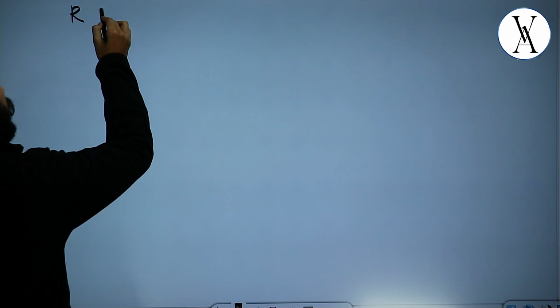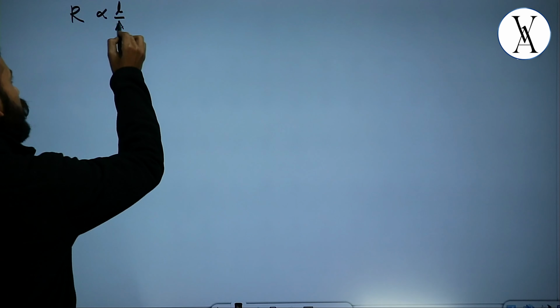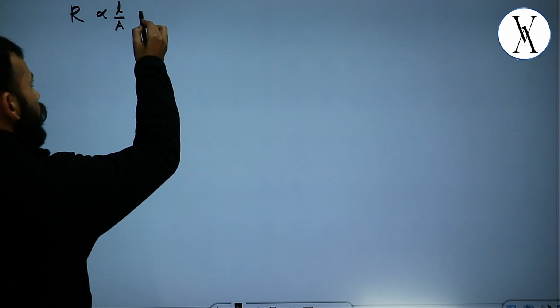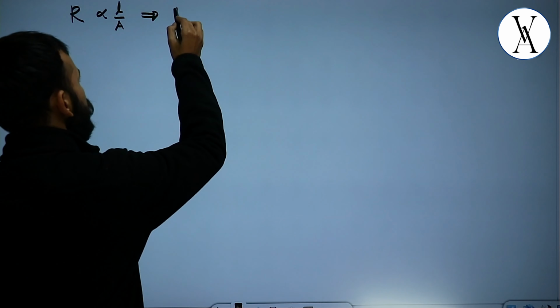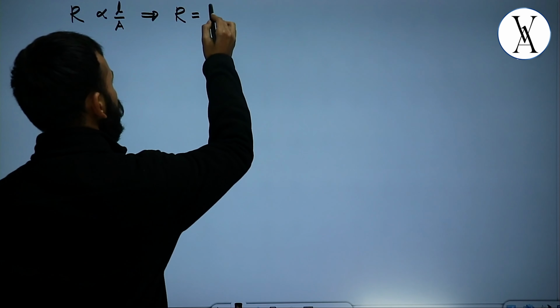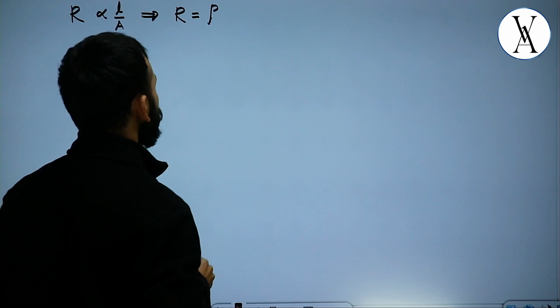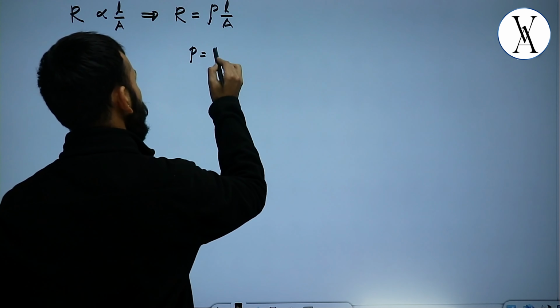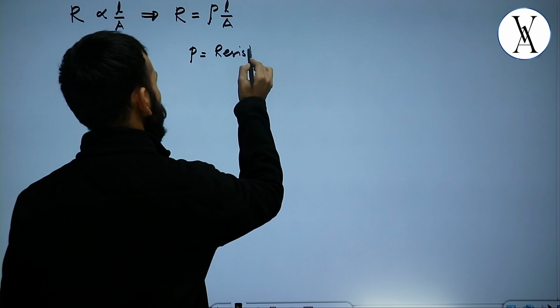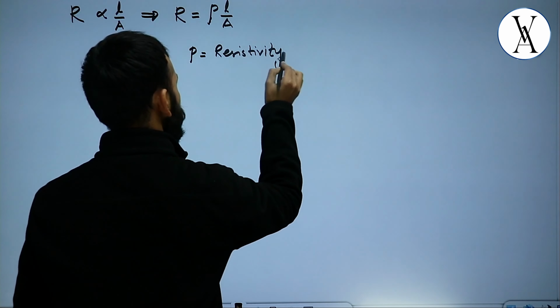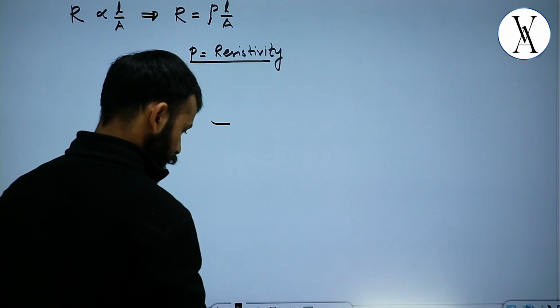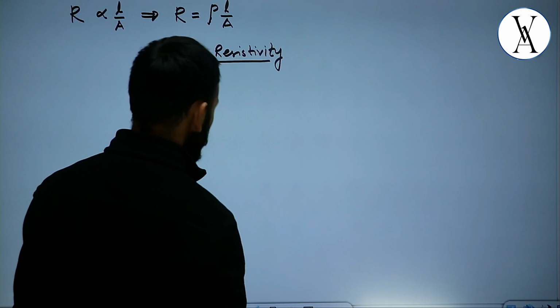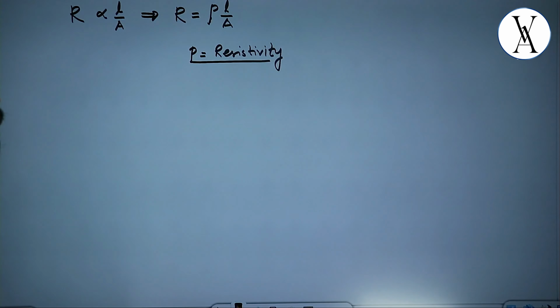When it is combinedly written as L by A, and if we remove the sign of proportionality, there will be a constant known as rho, which is called resistivity.